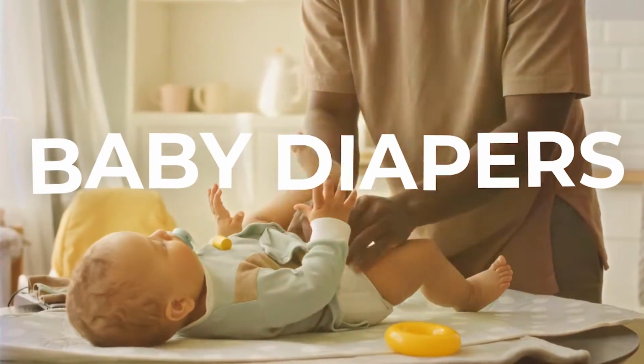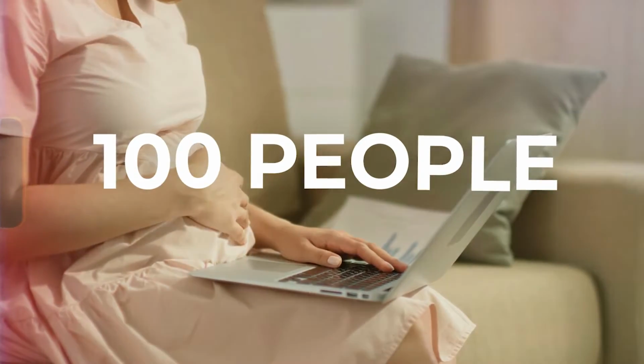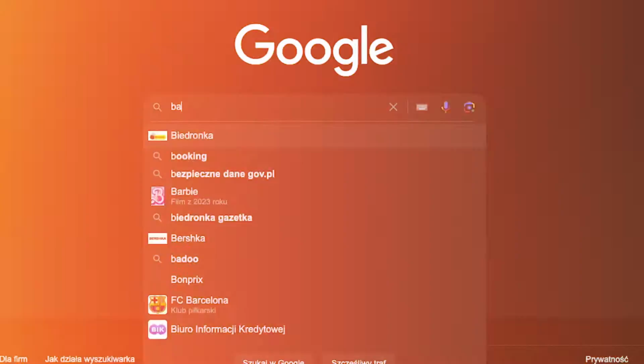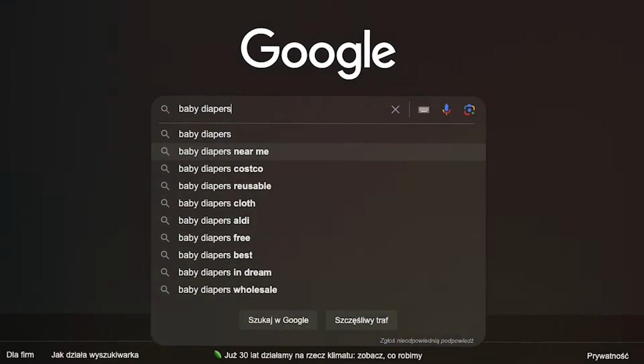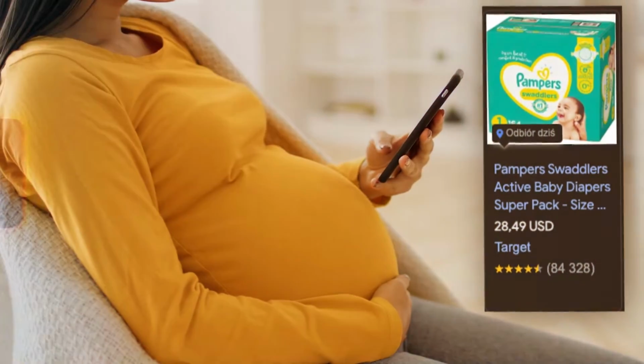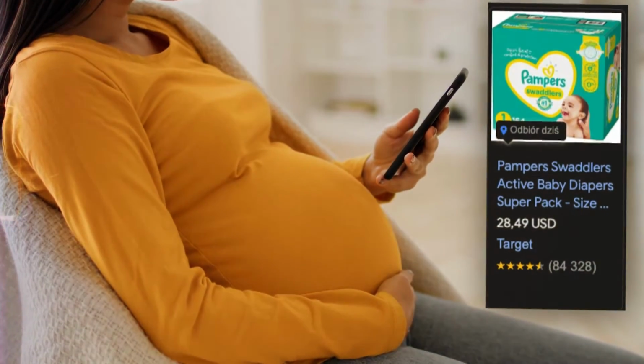So let's say, for example, you're in the baby niche selling baby diapers only, and in total there's 100 people searching for baby diapers within Google at any given time. Well, if your search impression share is 35%, that means out of 100 people, 35% of those people, meaning 35 people, saw your ad in the first place. That's what search impression share is.